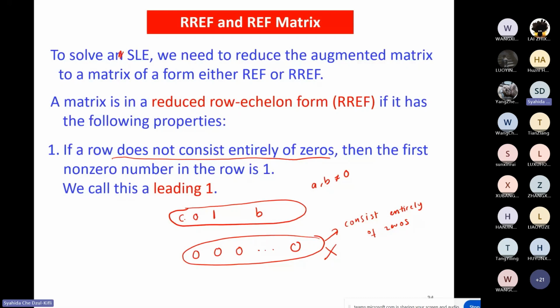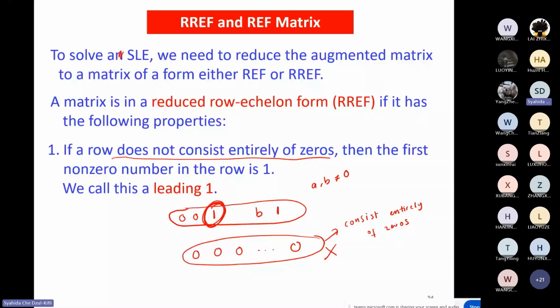Okay, the first non-zero number must be 1, and we call this a leading one.